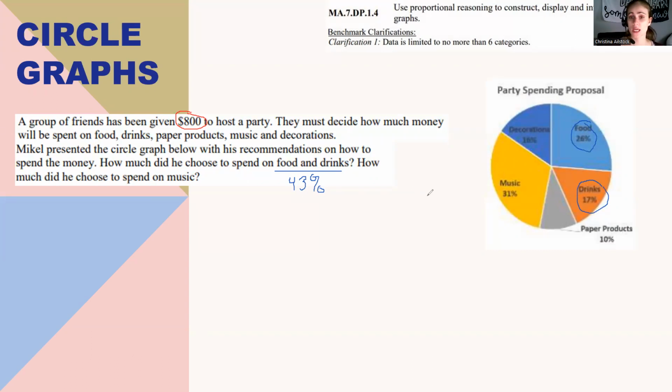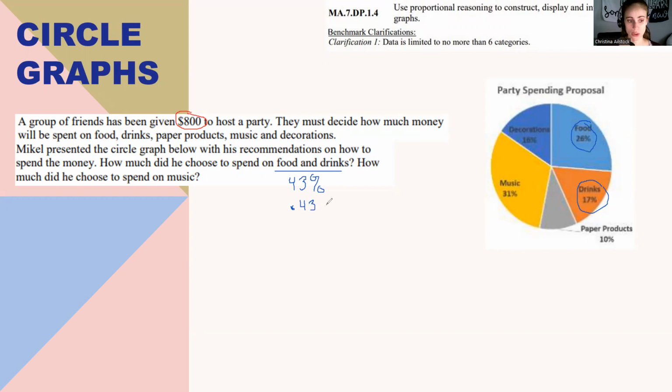The first step is whenever you're finding percent of a number, we need to change that percentage to a decimal. And you can do that one of two ways. You can either divide by 100, or a little shortcut to that is you can just move the decimal point 2 places. So this would be 0.43.